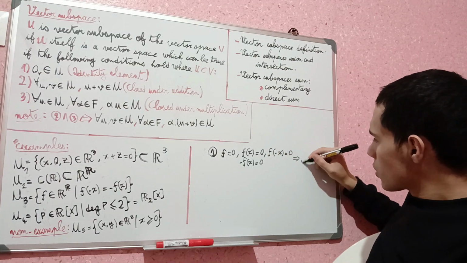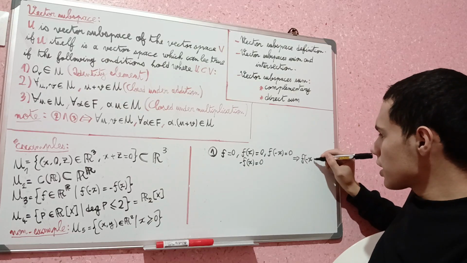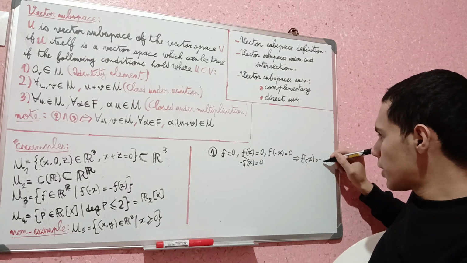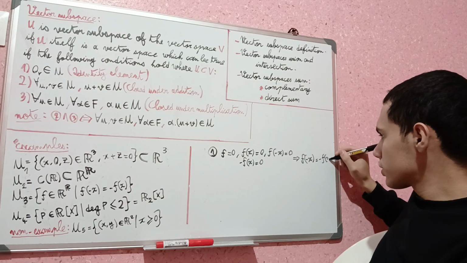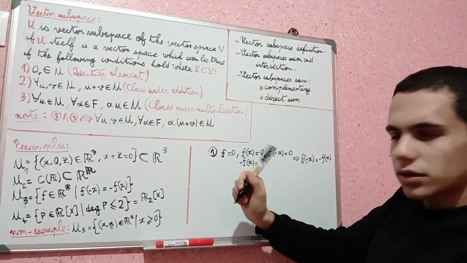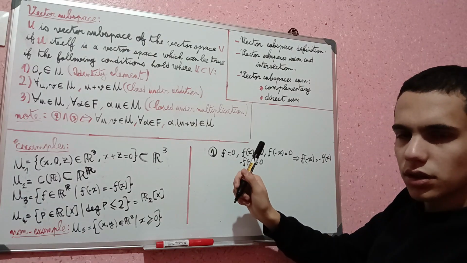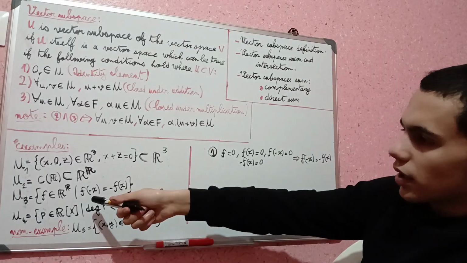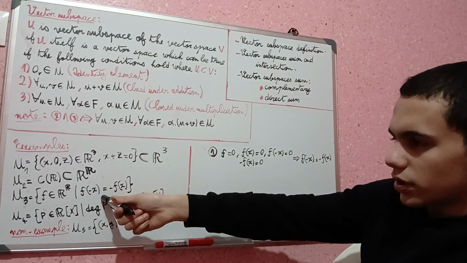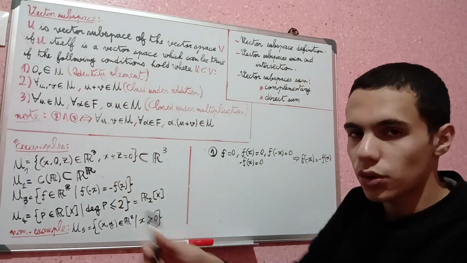Therefore this function, the zero function, is also an odd function, so it belongs to u3.